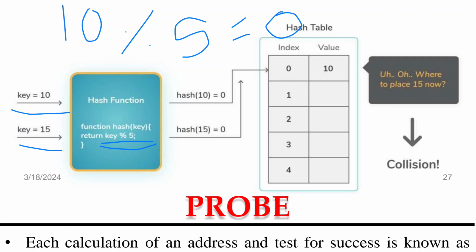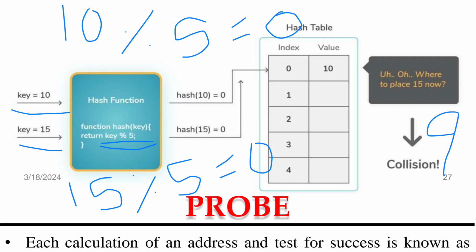Now again I have 15 mod 5. What is the remainder? 0, because 15 divided by 5 leaves remainder 0. So the value 15 should also go into index 0, but we already have 10 at index 0. So where do we place 15 now? This is the question, and this situation is nothing but a collision.